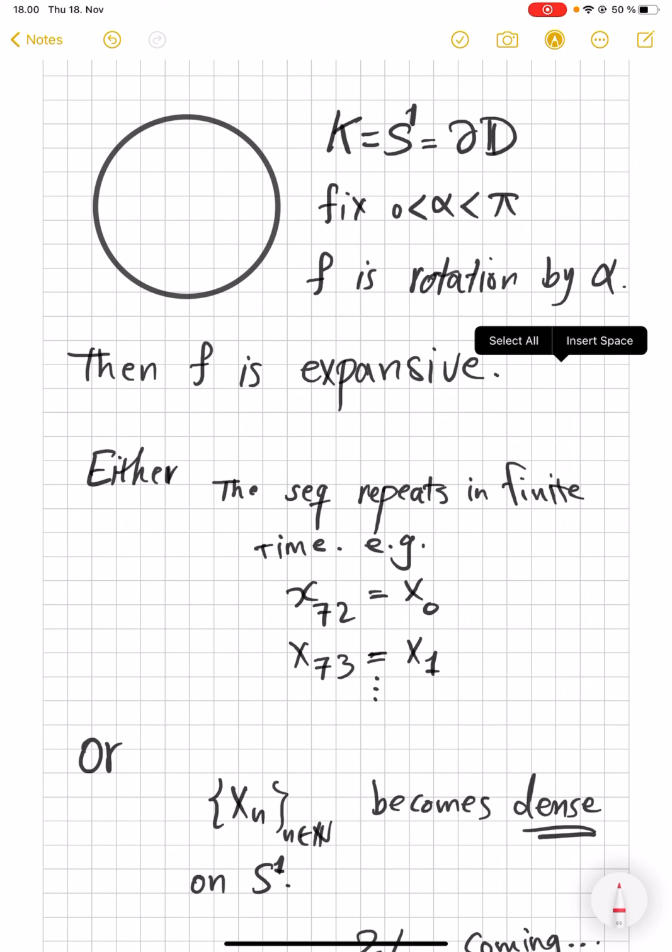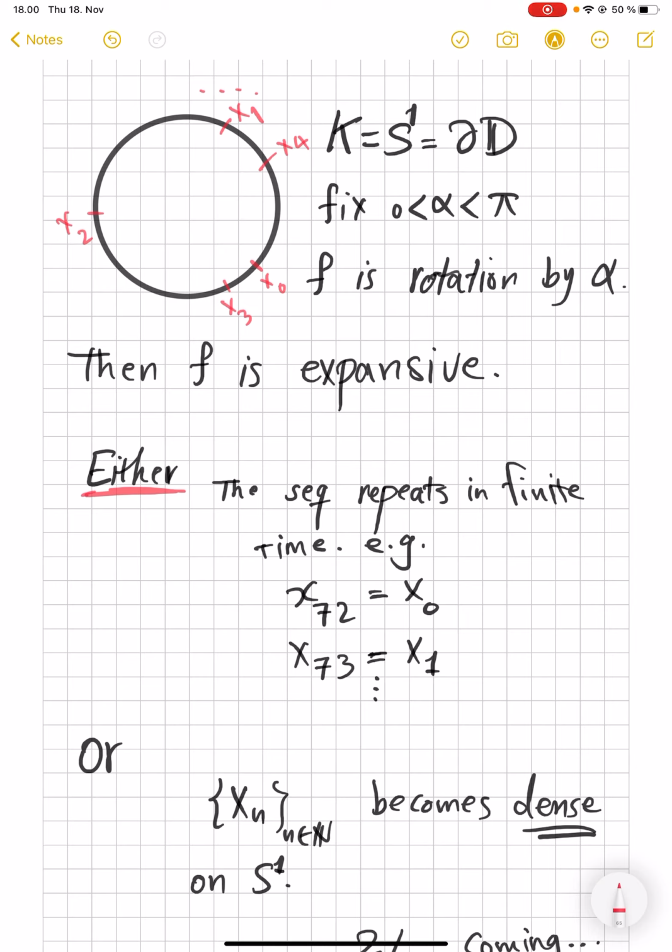And what happens then? So you fix some x0, and then you go forward by alpha to x1. Another alpha maybe puts you here. Another alpha maybe gets you here. And then you keep doing this. So this becomes x4, and then you keep going. Now there are two cases. Either in finite time you will fall back on the sequence.